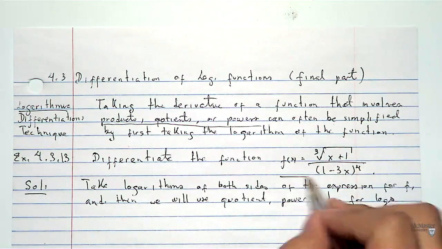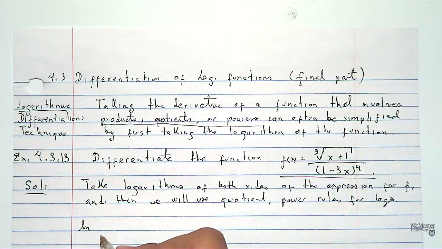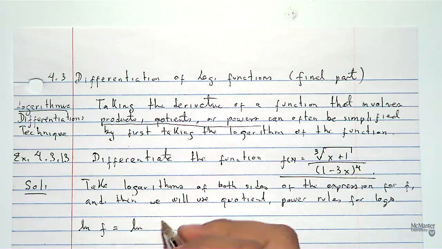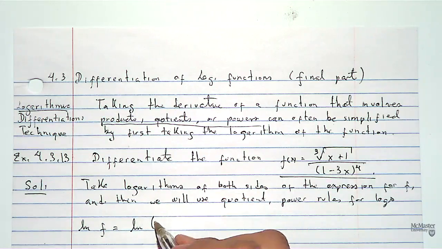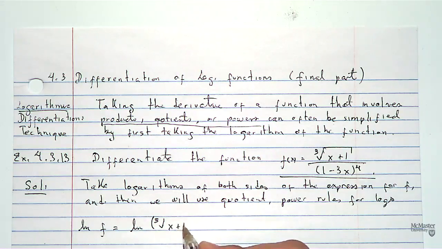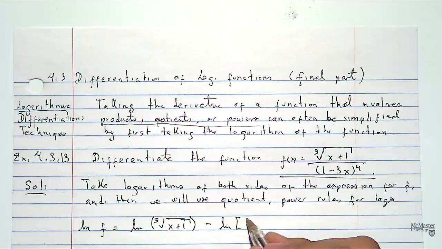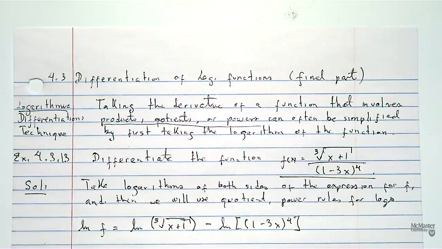So we have this function. If I take the log, again, I have a quotient, so this would be the log of the difference. So the log of the numerator, which is cubic root of x plus 1, minus the log of the denominator, which is 1 minus 3x to the fourth power. Sure.